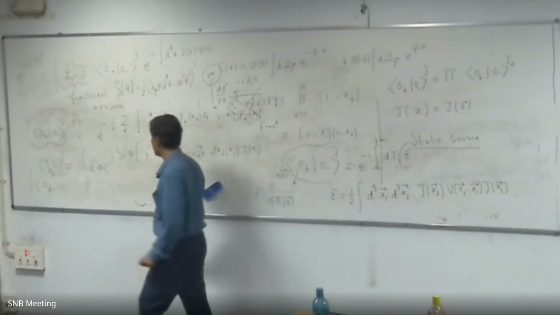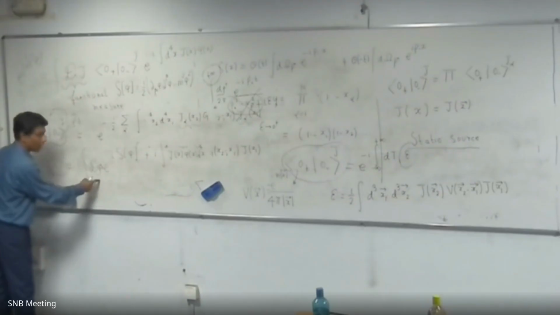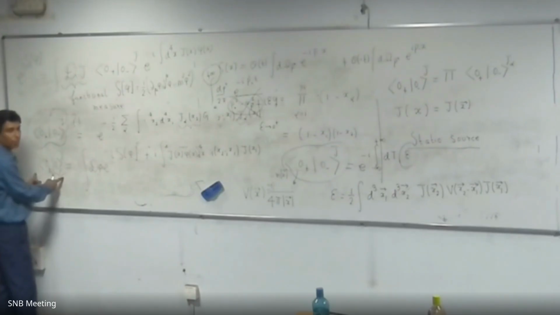You start from this, the functional integral over all possible fields, and get this quantity, the vacuum persistence amplitude.